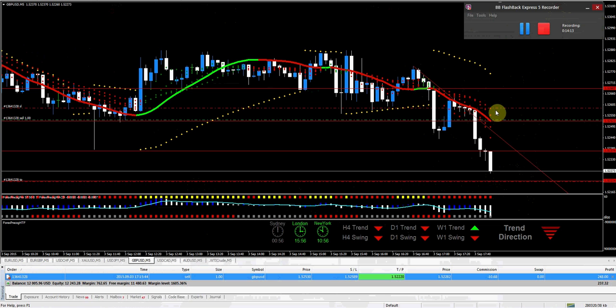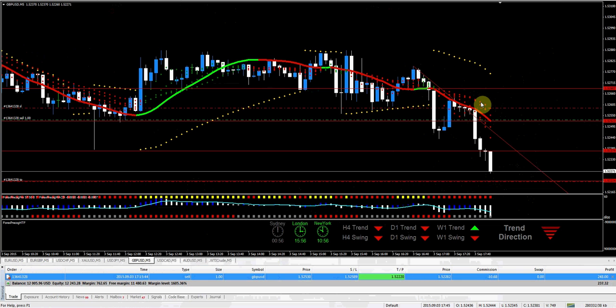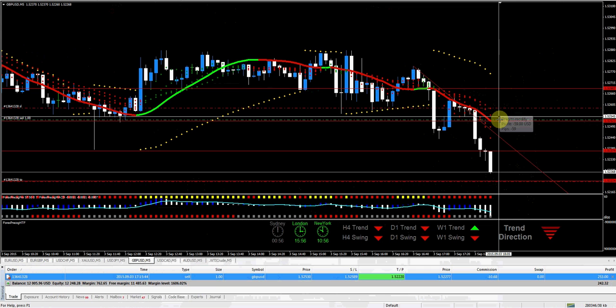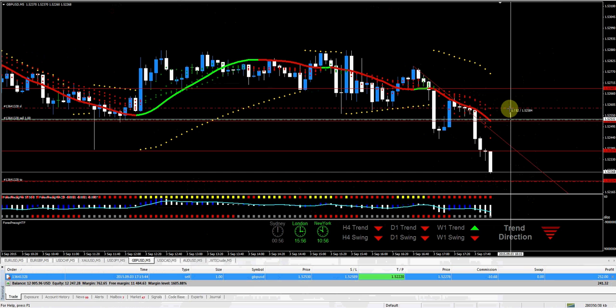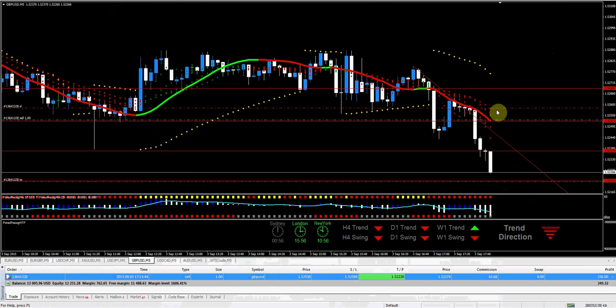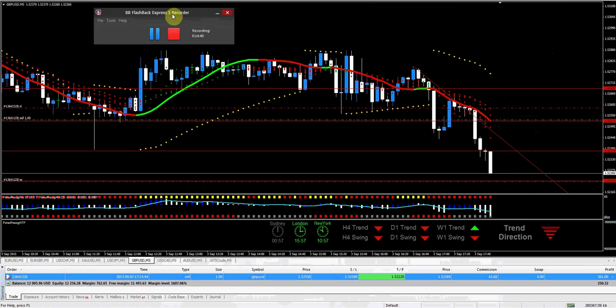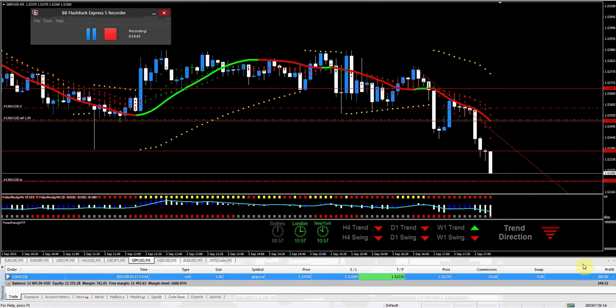Want to try and be here when the market decides to actually push through it. And as you can see, I've been pulling my stop down, following this here, the precog ribbon. About 5 pips away from break even. Up to 60 down here, as you can see.